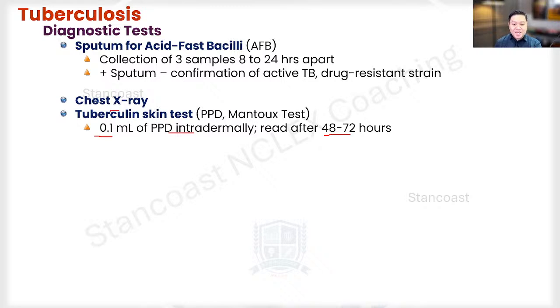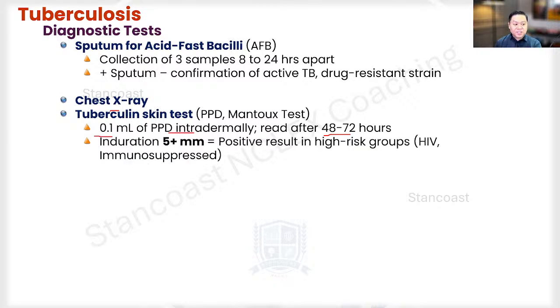Again, the PPD is injected with that amount of 0.1 mL, and this is going to be read within 48 to 72 hours. And here's the thing though, because there are different sizes of induration that you need to really understand, because there are different variances here. So let's take a look.